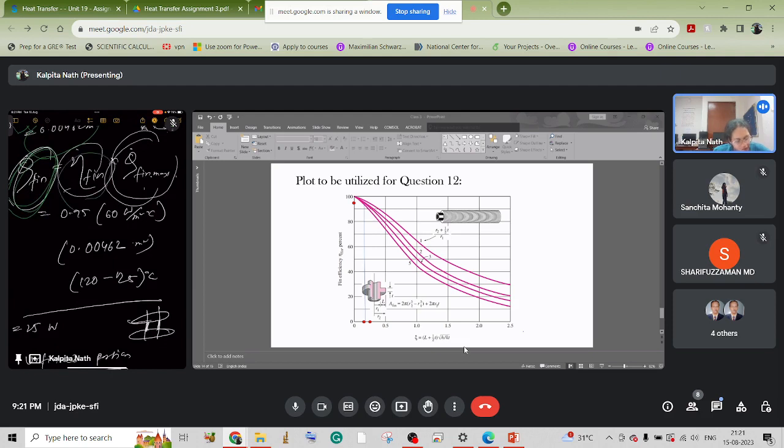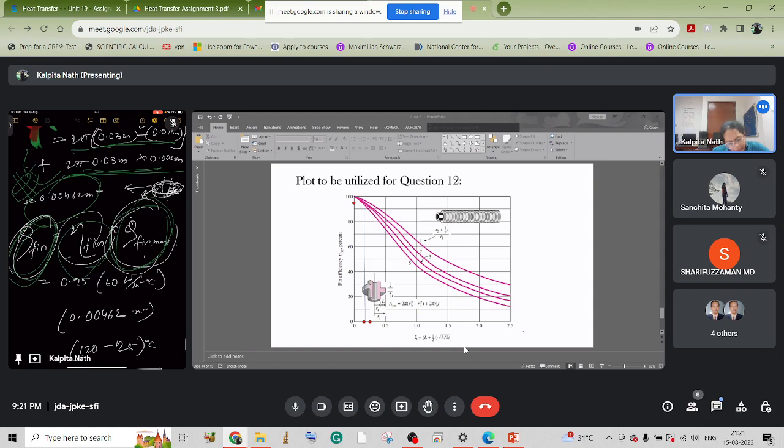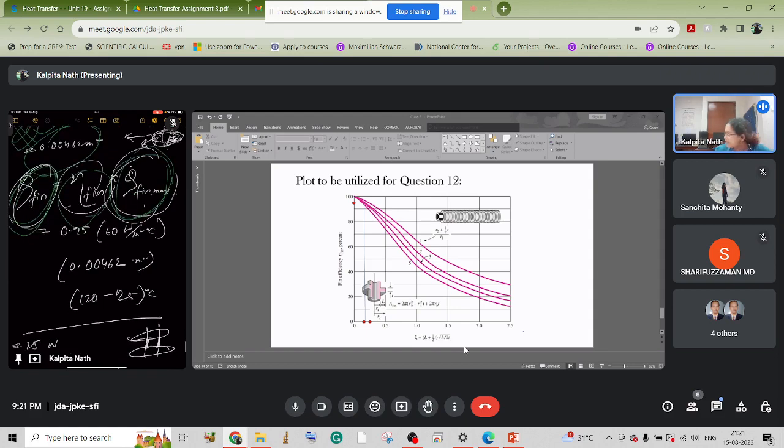For the fin, it is the efficiency of the fin times the maximum. The maximum will be from the base to the ambient, that is the maximum heat transfer. But the fin will transfer only that amount of heat based on its efficiency. As we have already found the efficiency, we don't need the actual temperature change of the surface, so we can use the fin efficiency.